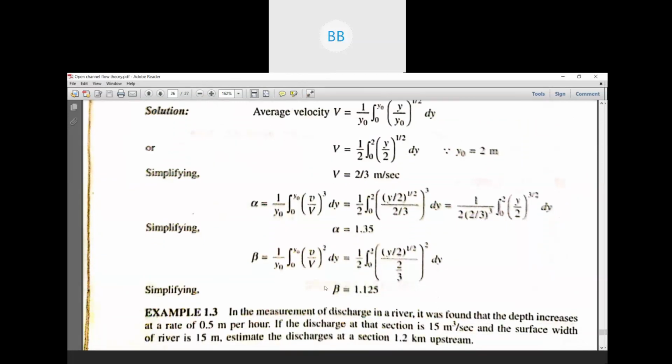And the beta value you are going to get is 1.125.